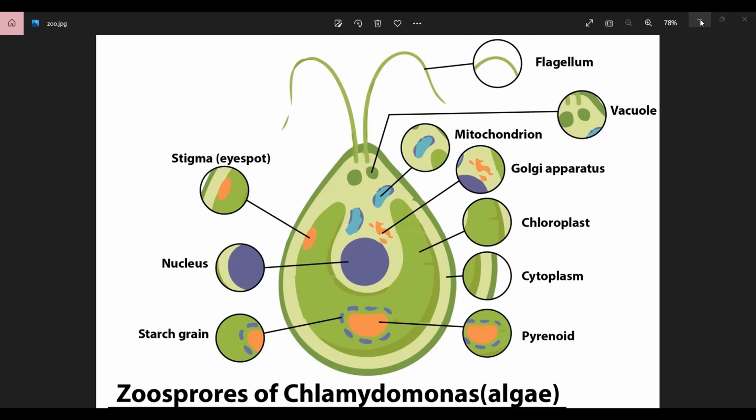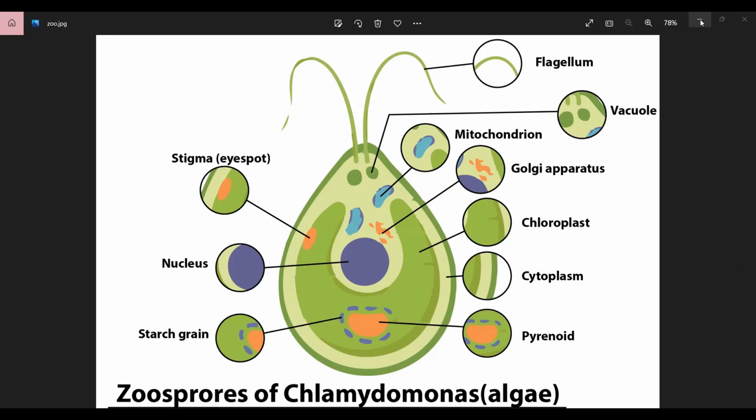Akinetes are those where the vegetative cell itself secretes a thick wall around it. And once the complete parental filaments decay, the akinete germinates into a new individual. Those thick cells that you can see on the screen here are the akinetes.